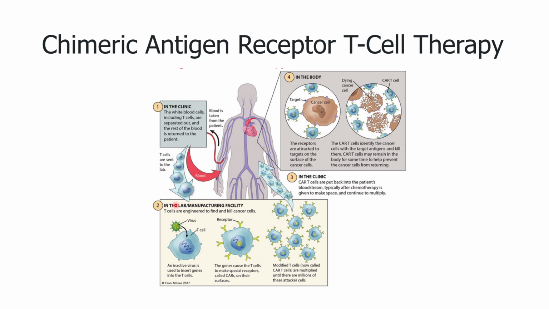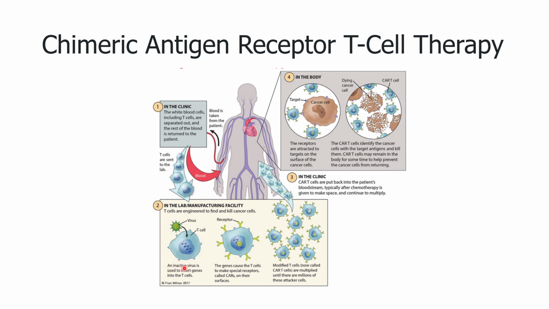These T cells then go to a lab or manufacturing facility where, with the help of a virus, a gene is integrated into the host cell genome. This is done with the help of stable transfection, and we have discussed what stable transfection is in our previous videos.